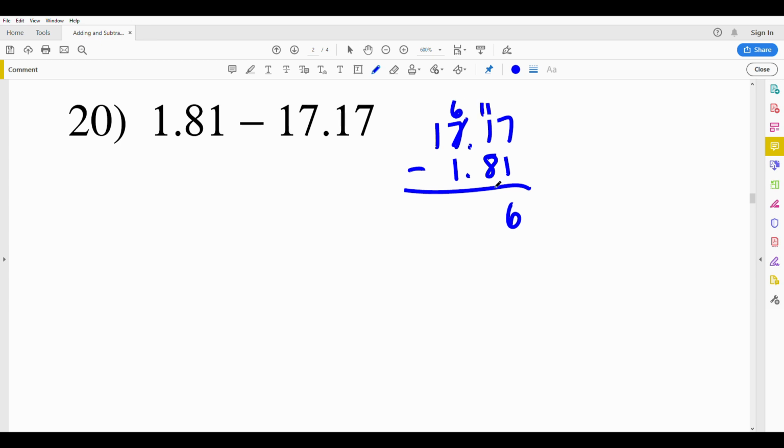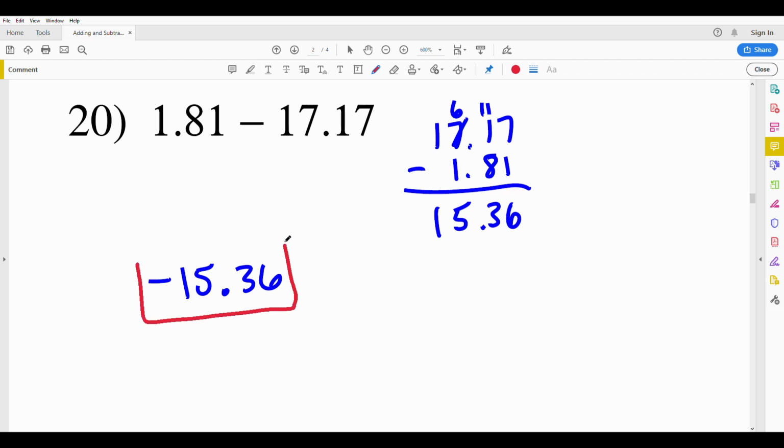So I'll have 11 minus 8, which is 3, and then 6 minus 1 is 5, and 1 minus 0 is 1. 15 36 hundredths was how far we moved to the left of 0. So this is a negative 15.36, or negative 15 36 hundredths.